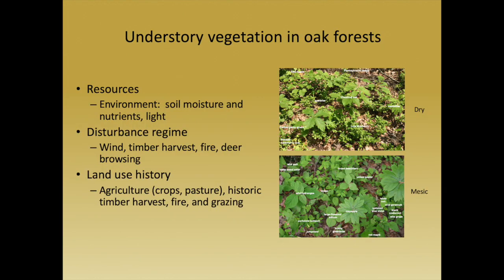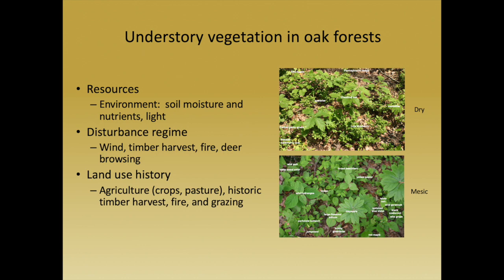Okay, and when you go out in oak stands today in a mature oak forest, that understory vegetation layer is really a function of several different things. Especially where we work, there's a lot of topographic variability, so you can get much different communities from a dry southwest-facing slope than you do on a mesic north-facing slope. That's a sense of soil moisture and nutrients.